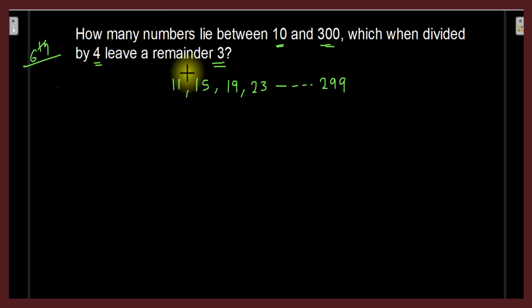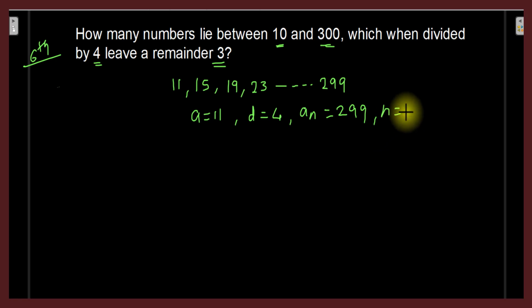The first term is 11, the common difference is equal to 4, and the last term, denoted by an, is 299. So we have to find n is equal to how much? We have to find n.